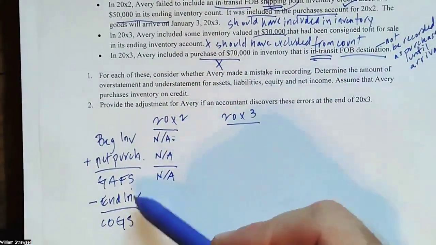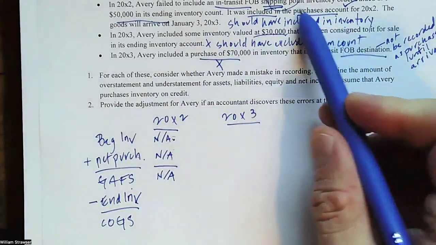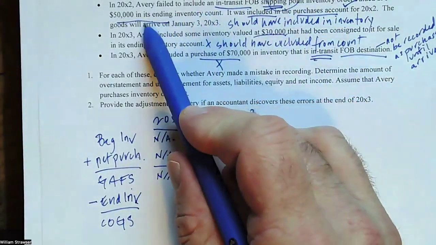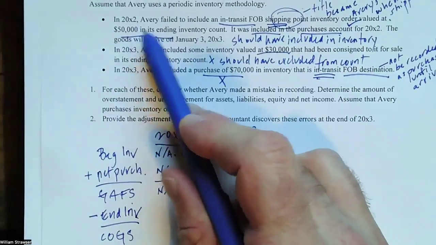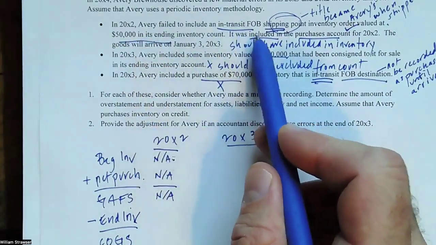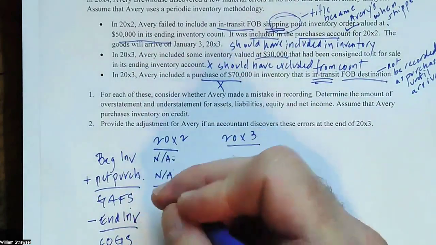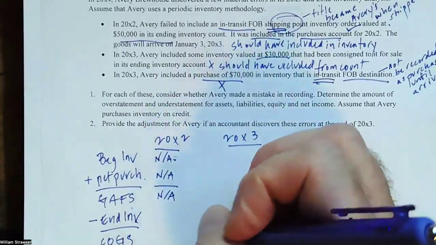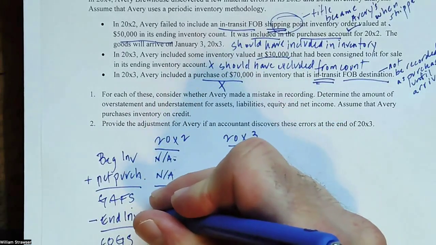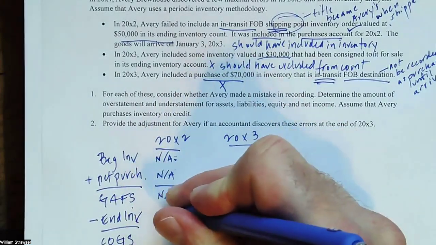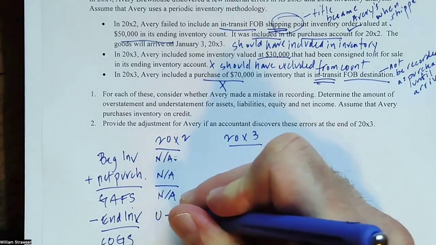Now, we did have an issue with our ending inventory because we failed to include the $50,000 of inventory that was shipped FOB shipping in transit at the end of the period. So if we did not include it, we committed an error and understated our inventory by $50,000.